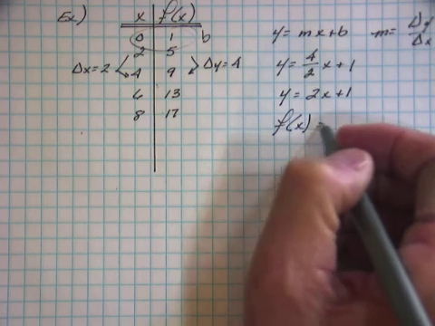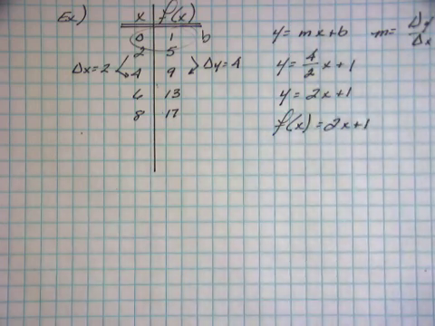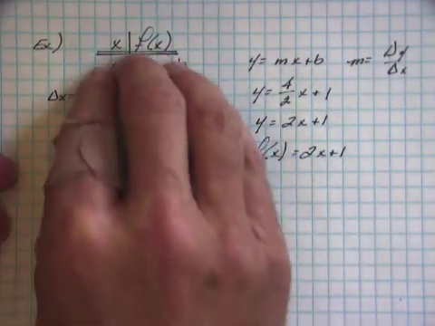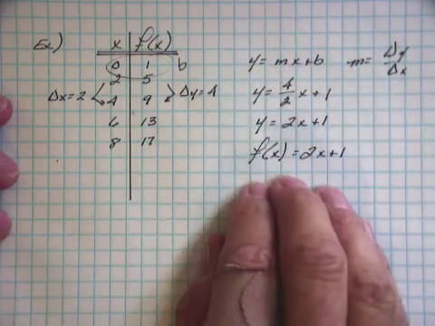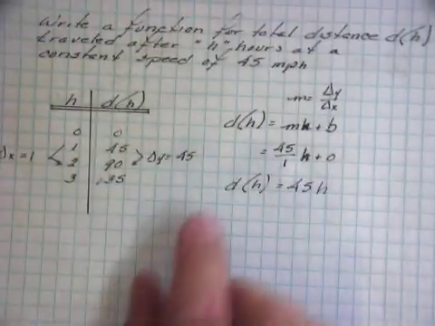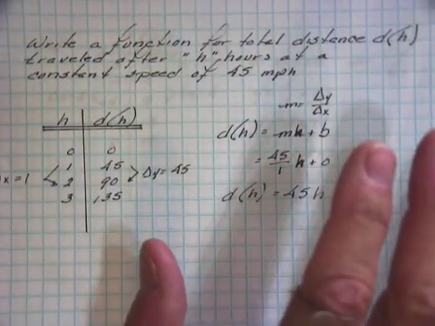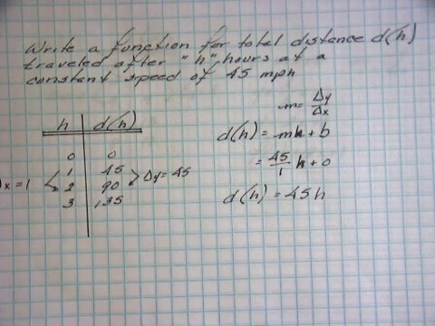So that's my b value, so I can put 1. Okay, let's simplify it. Y equals 2x plus 1. And now let's write it as a function. F of x equals 2x plus 1. So I've just given you two examples on how to take a table of information and write the function rule or equation that goes with the data. And I also did just a very simple context problem.